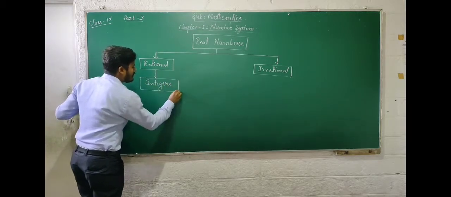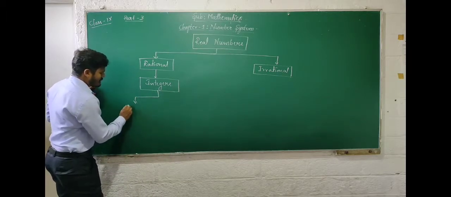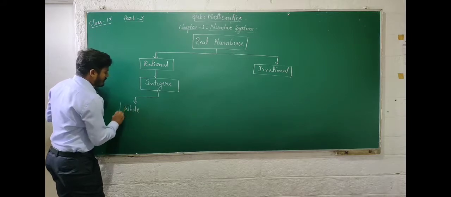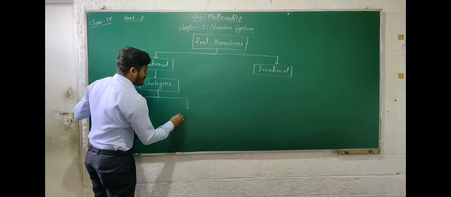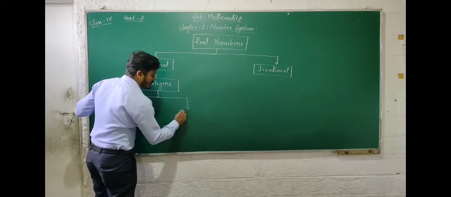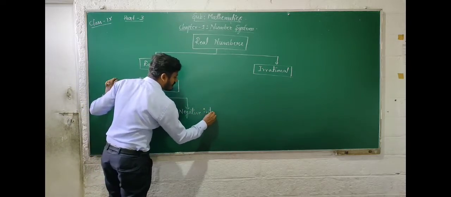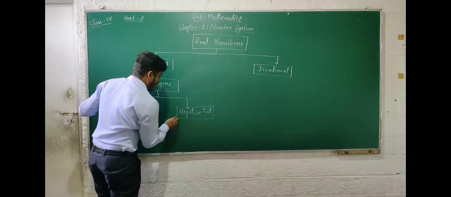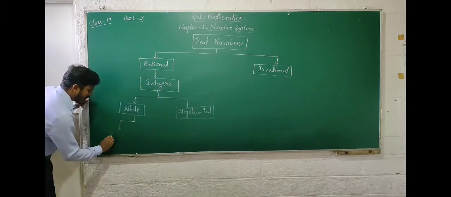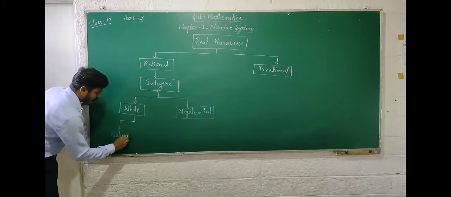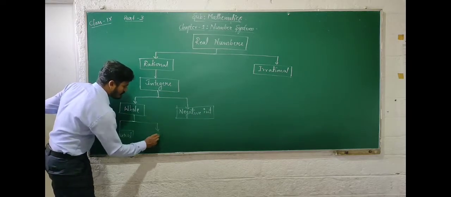So integers include the set of all whole numbers, and then negative integers, and then the set of whole numbers includes natural numbers and 0.